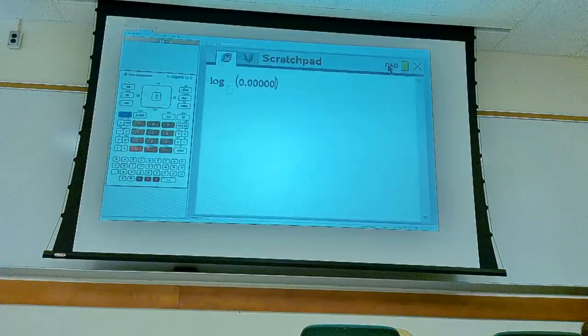It does. If I want the base, I just put in the base, and then I'll plug.